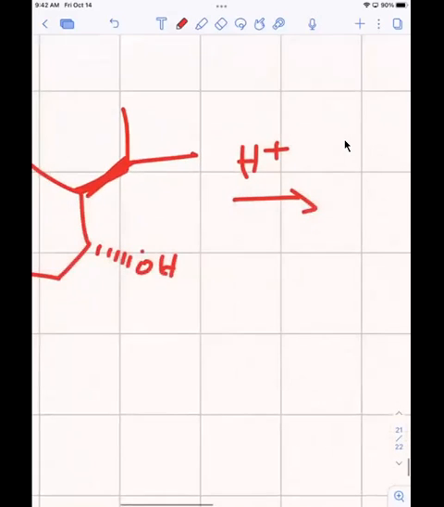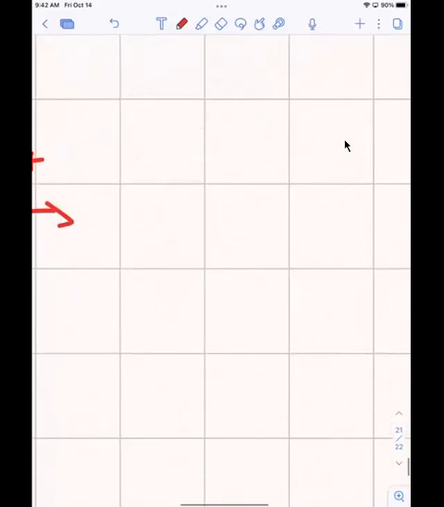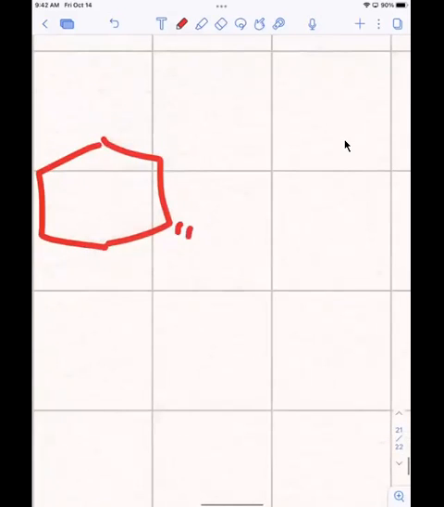I need to make this a better leaving group. So the first step is going to be proton transfer. Then I'll get to this hydronium intermediate.